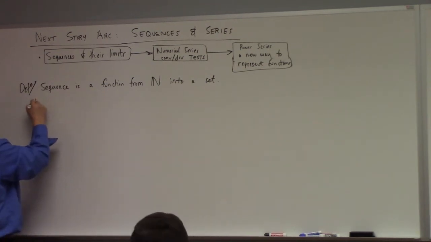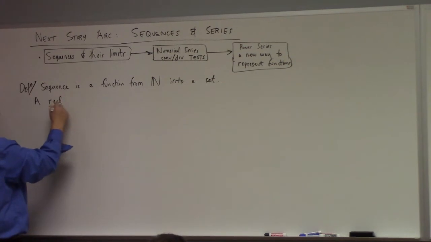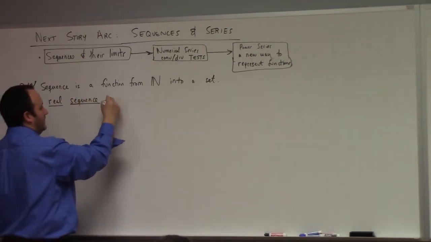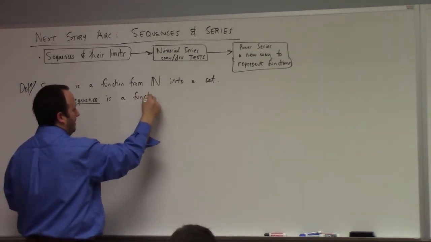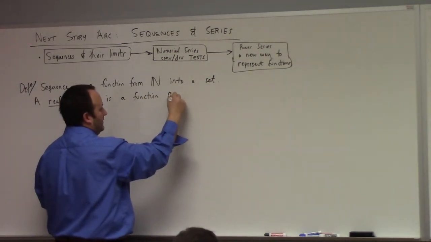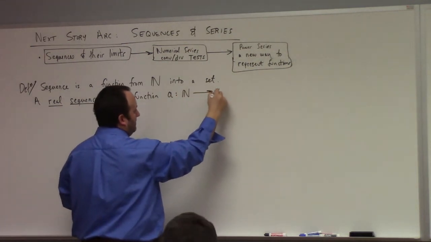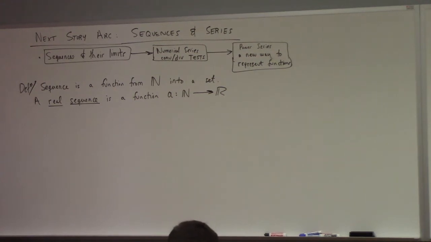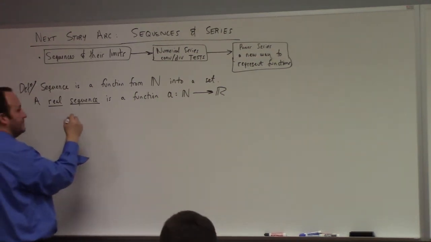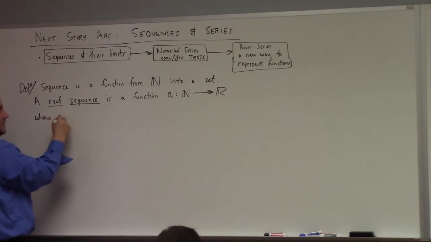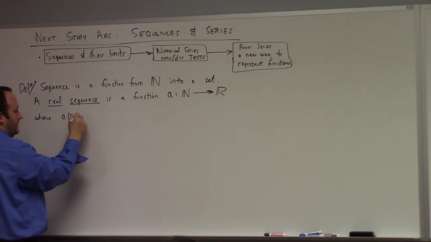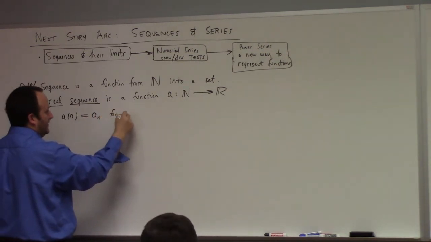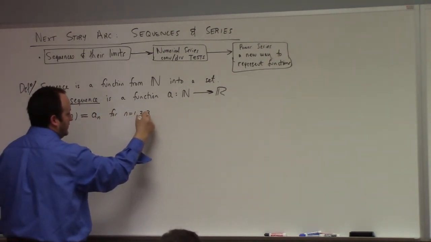A real sequence is a function, let's say a, from the natural numbers into the reals, where a of n is denoted a sub n for n equals 1, 2, 3, and so on.